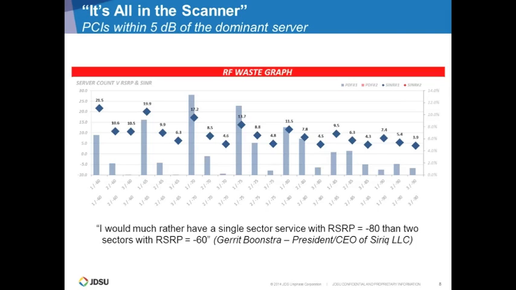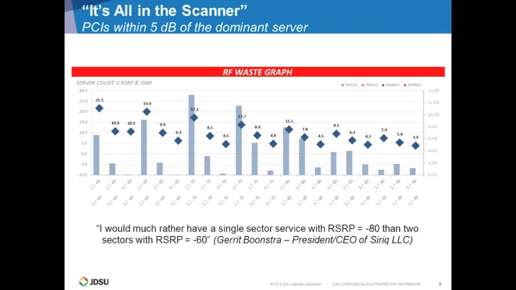This is a fantastic slide that one of our partners and associates that we've worked with in the past basically said it all. It's all in the scanner, and they gave a quick chart of PCIs for LTE that are within 5 dB of the dominant server. The takeaway, and we had conversations about this before, was that he provided his own collected data to give that perspective.